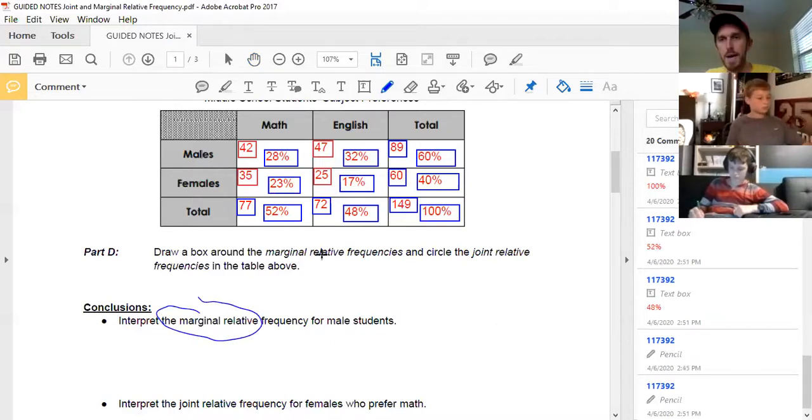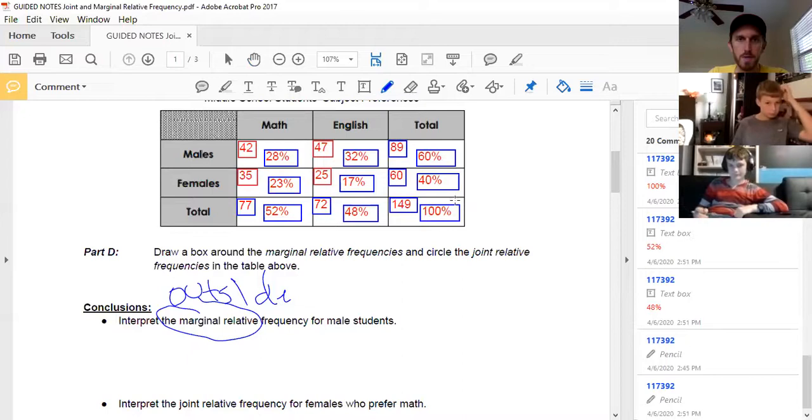So now I'm gonna mash a whole bunch of vocabulary together. But marginal, we know that marginal means outside, right? Yep. So I'm going to do the outside. So I'm looking at these outside columns and rows here.